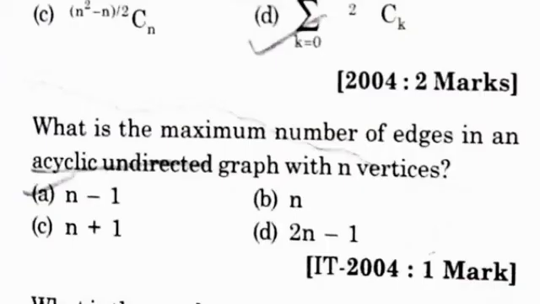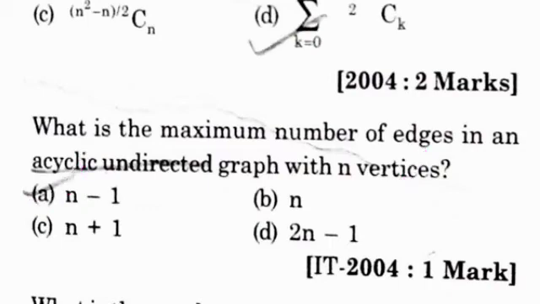Now next question is, what is the maximum number of edges in an acyclic undirected graph with n vertices? The options are option A n-1, option B n, option C n+1, and option D 2n-1. So the correct answer is your option A, n-1.